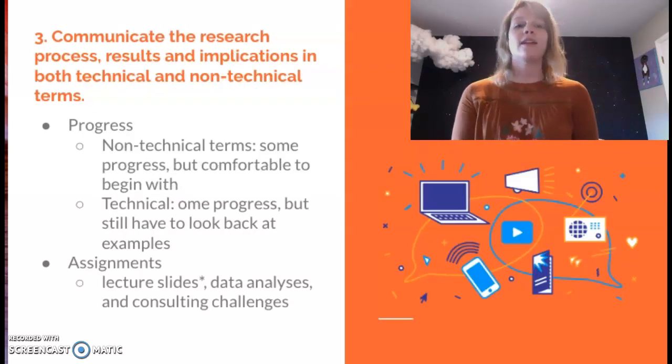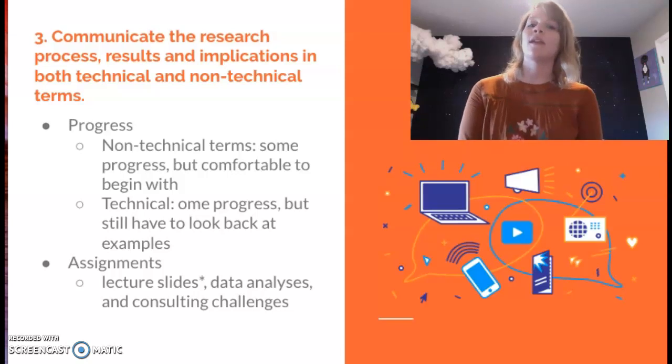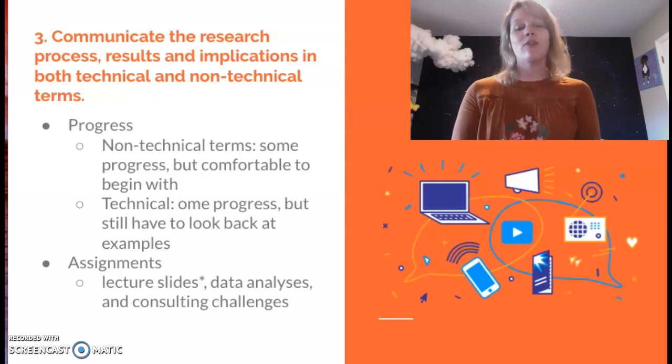The third objective is to communicate the research processes, results, and implications in both technical and non-technical terms. I think I've definitely made progress on this objective in my ability to communicate research processes, especially in technical terms, but communicating in technical terms is still a little challenging for me.